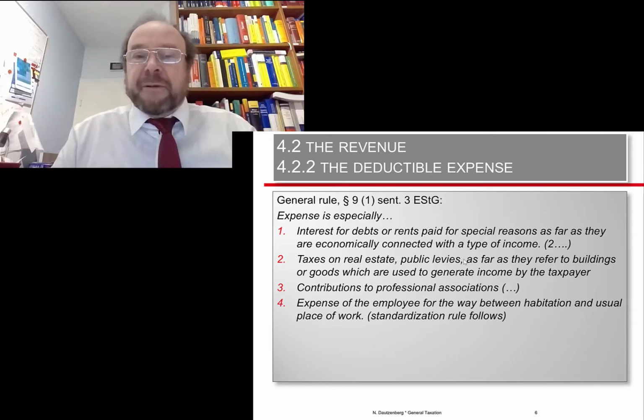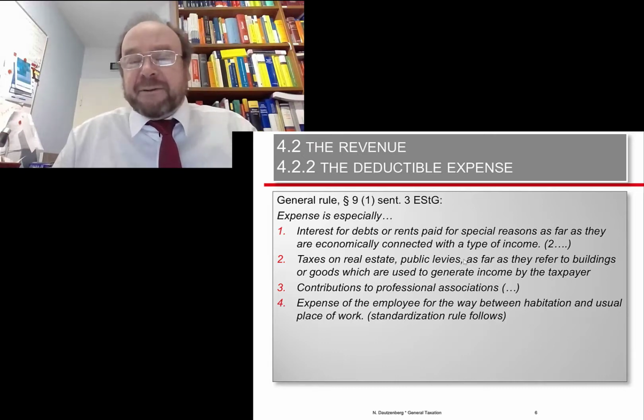For example, the interest for debts or rents which you paid for special reasons, as far as these interest amounts or the rents for special reasons are economically connected with one of the types of income. So if you had to grant them or had to pay the interest in order to make achieving revenue possible, at least having that intention.